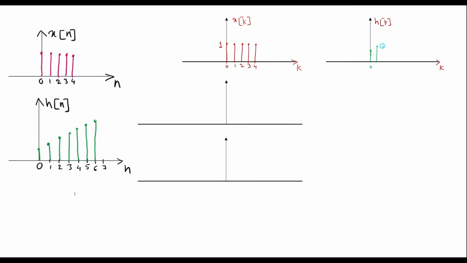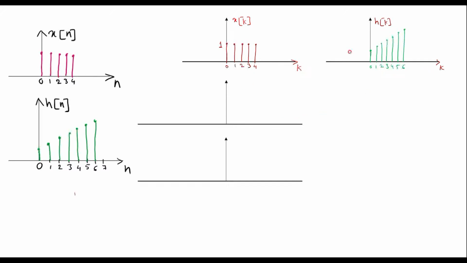This is at n equal to 1, at n equal to 2, at n equal to 3, at n equal to 4, at n equal to 5, and at n equal to 6. 1, 2, 3, 4, 5, 6. And its value is 0 when k is greater than 6.